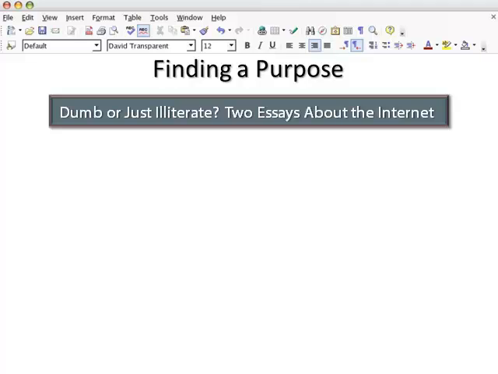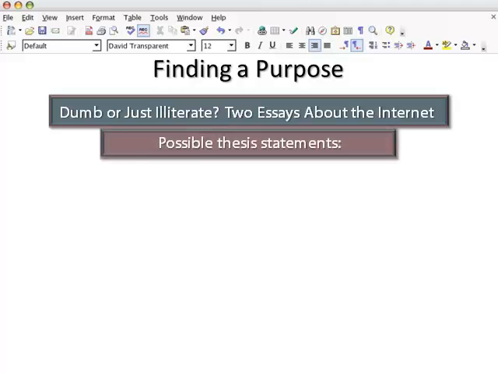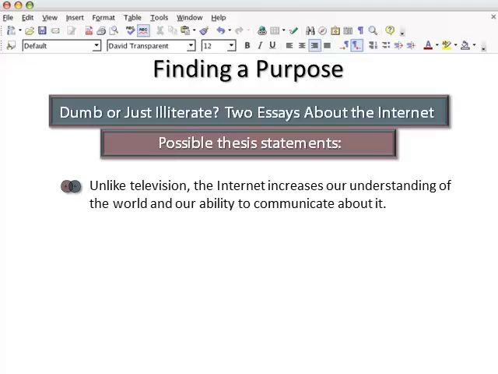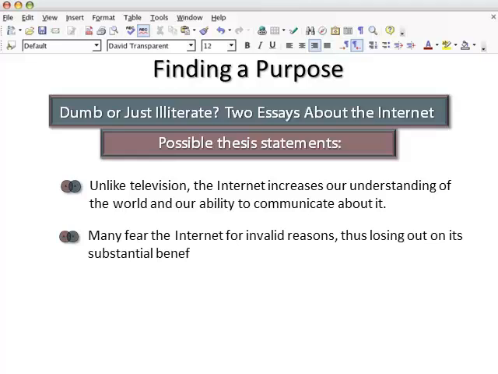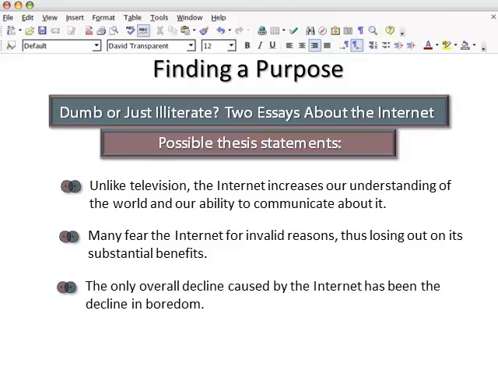This is where the thesis comes in, the overall point you wish to make as you conduct a compare or contrast analysis. For our example, your purpose could be to assure readers that the Internet does not pose a danger to their IQ or emotional stability, to teach the fearful how the Internet can benefit their lives, or to satirize fears expressed by parents, teachers, and experts about the so-called declines caused by the Internet.